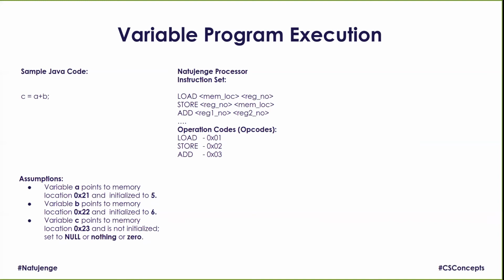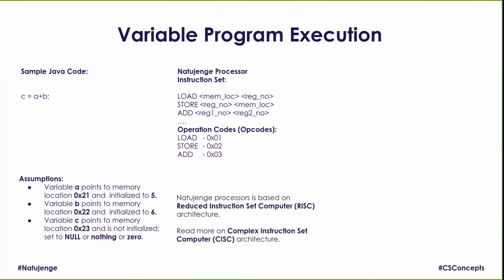Now, this processor is modeled based on a reduced instruction set computer. This is something that you can cover on your own, but the basic idea of a reduced instruction set computer is you have very granular or small instructions like load, store, add.